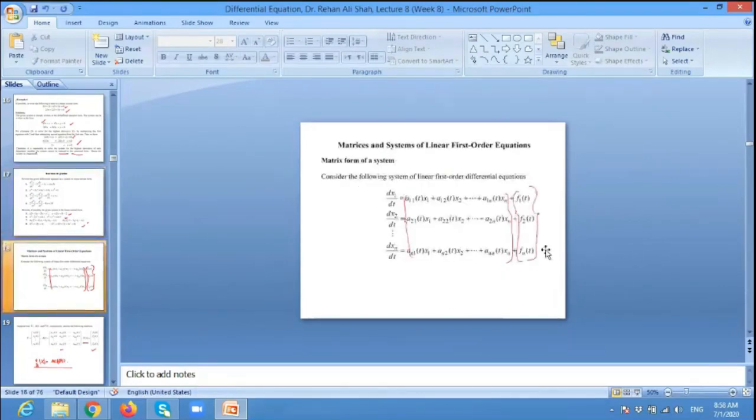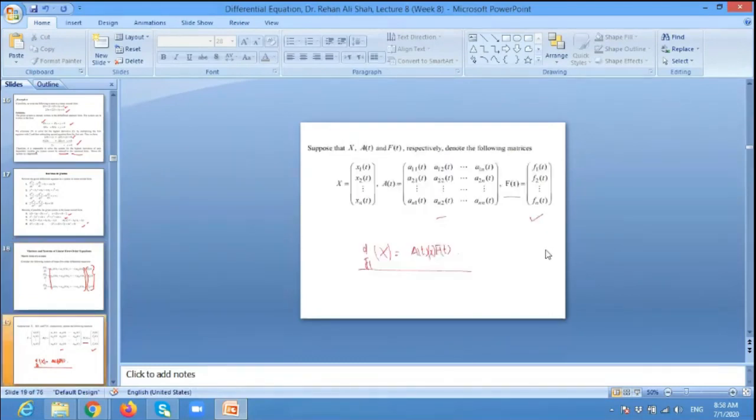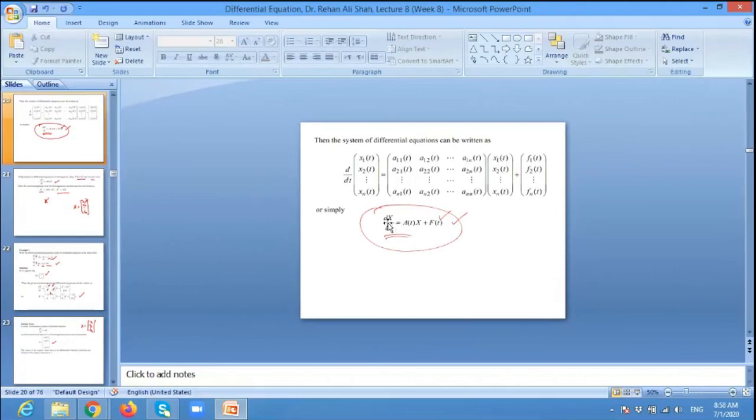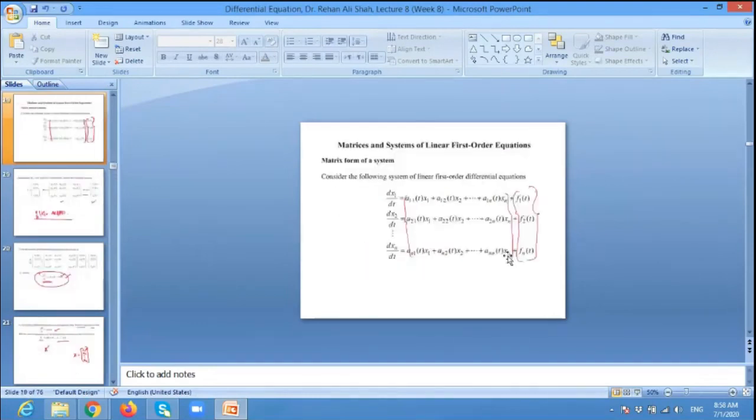So now this is matrix and system of linear first order differential equation. So the question is, every system can be written in the form of dx by dt, means x dash is equal to Ax plus f of t. जैसे मैंने पहले लिखा, x dash is equal to Ax plus f of t. That is, this is a system. Suppose dx1 by dt, means x1 dash is equal to a11(t)x1 plus a12(t)x2 plus this plus f1(t).